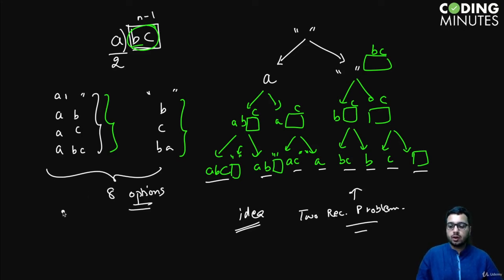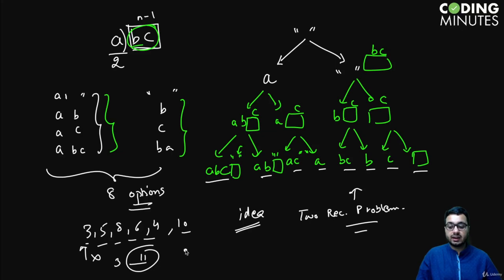Or in order to form a subset sum, maybe I have 3, 5, 8, 6, 4 and 10. Maybe I want to find a subset whose sum is 14, or find all the subsets whose sum is 14. What I can do is say, okay, I may add 3 in my sum and I will look for a remaining sum of 11, or I will skip 3 and I will look for a remaining sum of 14. So this is what we are going to do.